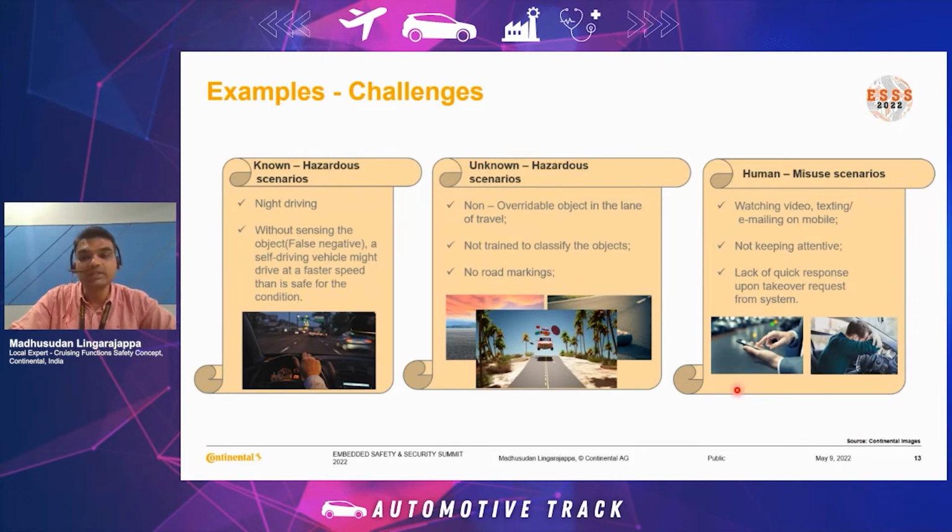If you see this example picture here, the driver is relaxing on the steering wheel, or he is using his mobile, watching some videos or replying to his emails. So this is a misuse of the SAE level 2 system since he is the fallback. So how do we overcome these challenges? This is something which we will look into in the coming slides.